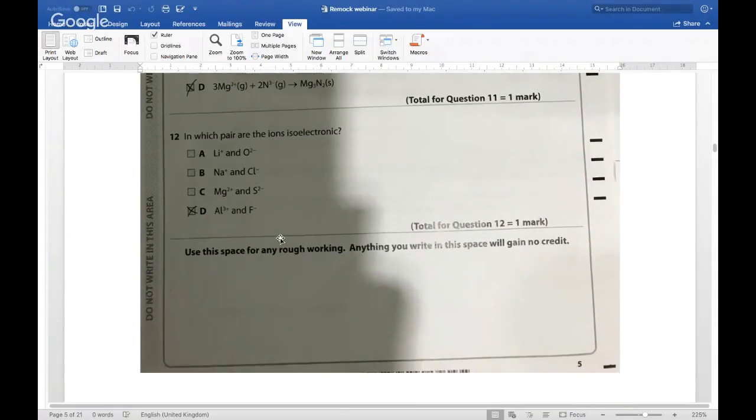Which pair of ions are isoelectronic? Lithium is 1s2, and it's done. Oxide ion is 1s2. You could do it, good old GCSE, 2, 8s. RIP everyone who put B. Yes, David. Anyone who put B, you're officially disowned.